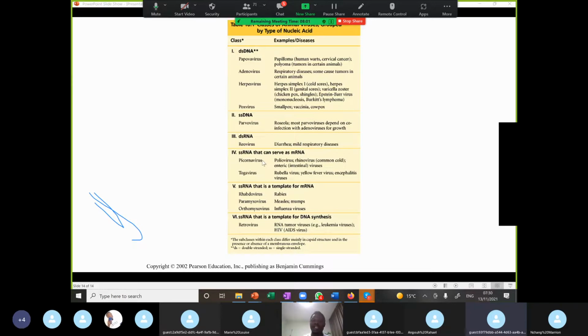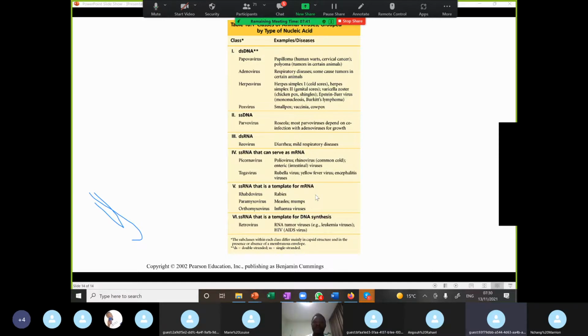So the second classification of single-stranded RNA viruses is a virus that has its single-stranded RNA serving as a template for the synthesis of a messenger RNA.